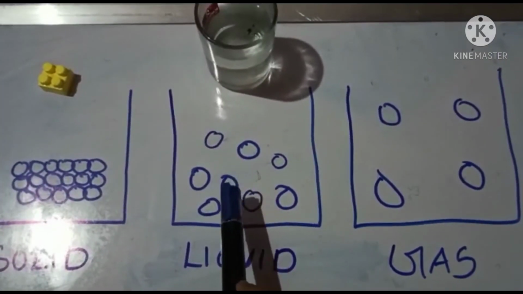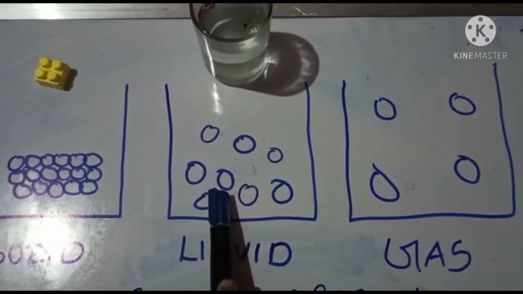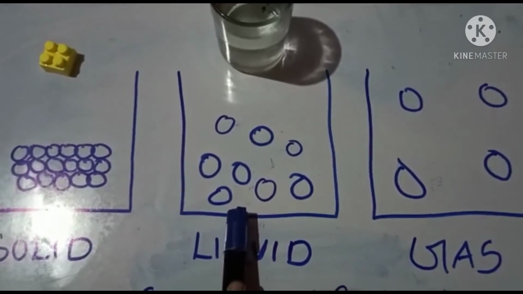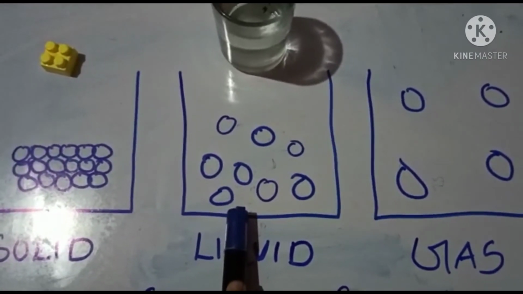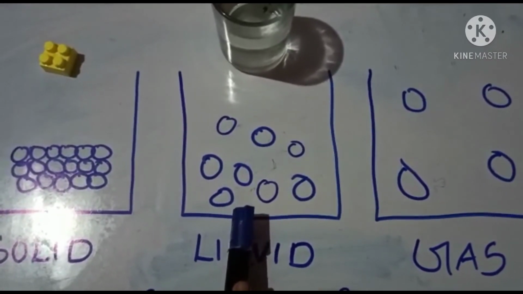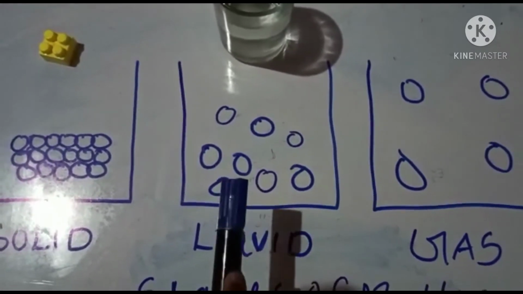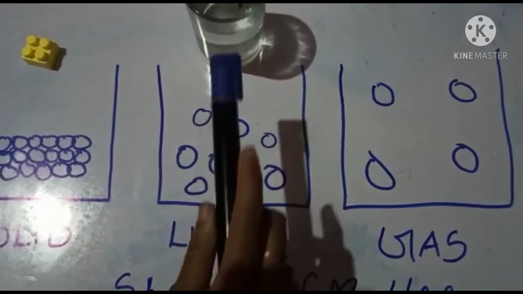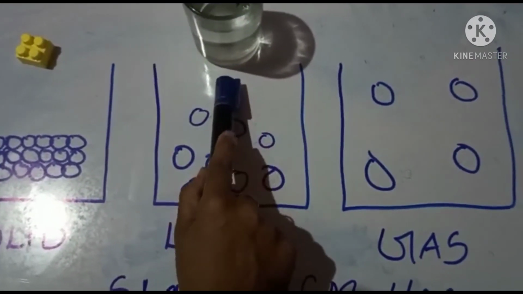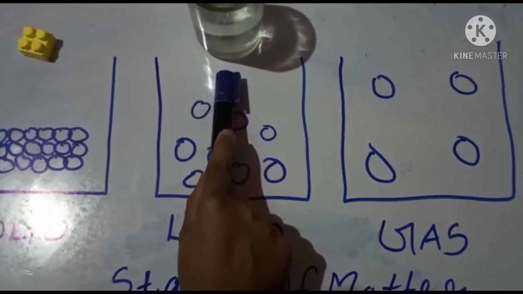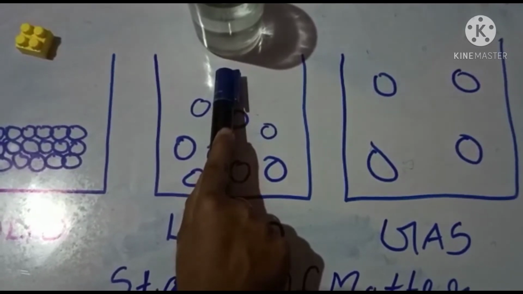In the case of liquids, they have definite volume but do not have definite shape. They take the shape of the container in which they are placed. This glass contains some amount of water. So it has a definite volume.